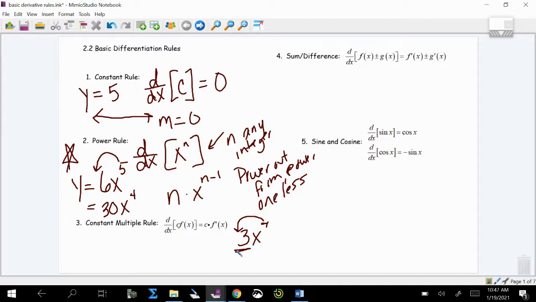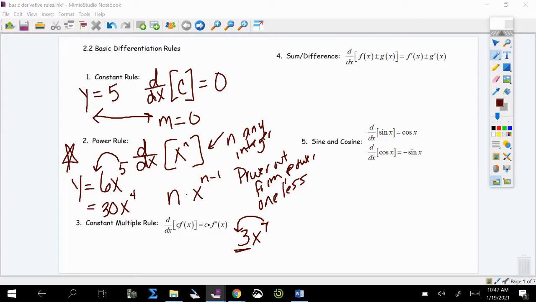You do 7 out front, so 7 times 3 is 21, and then power 1 less. So we call it a constant multiple, or a lot of times a scalar or coefficient rule. We're also going to see it show up with trig, where the coefficient just stays right there.